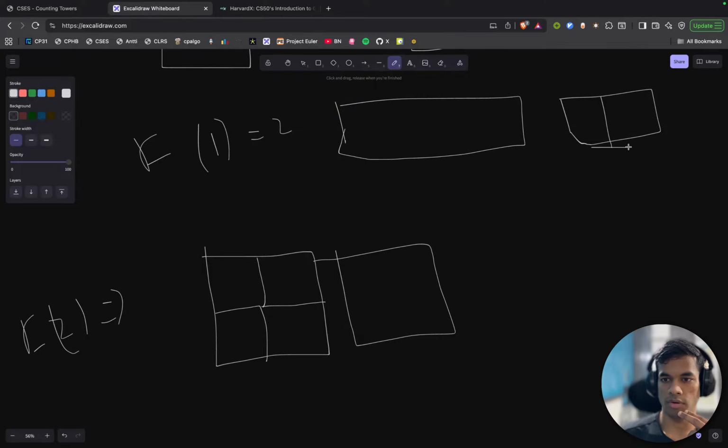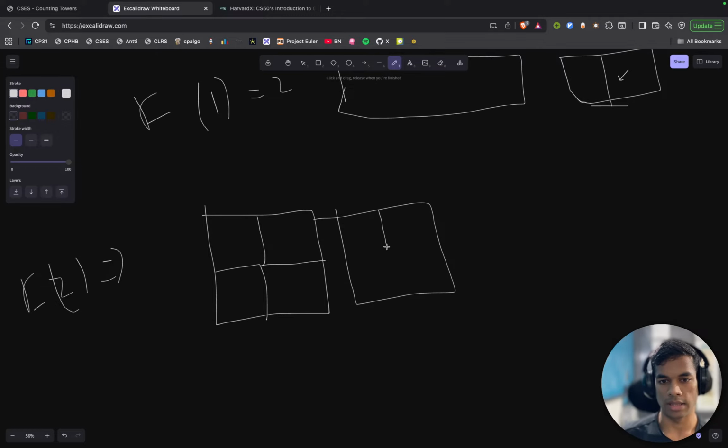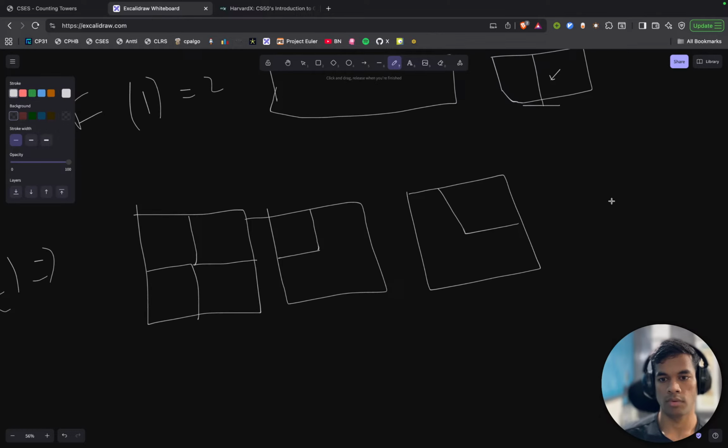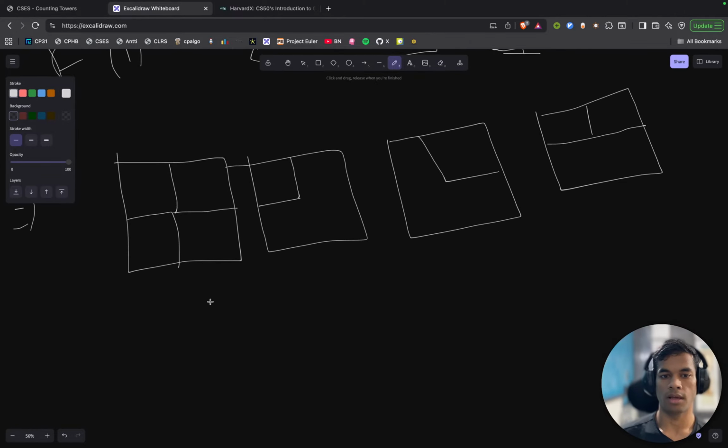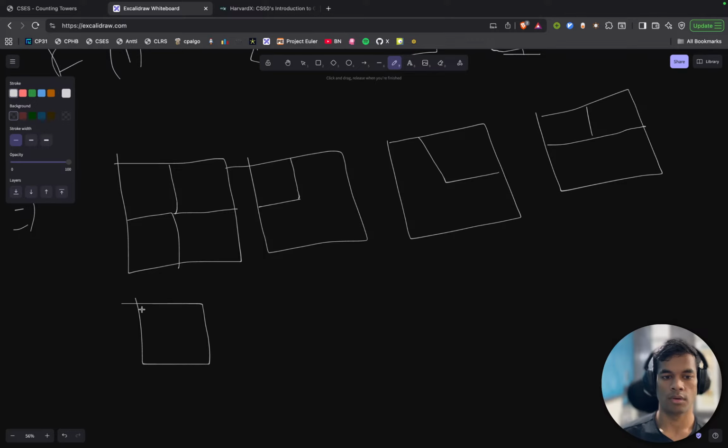Let's write them down. If this is our first choice in the top row, then this is one thing we could do, this is one thing we could do, or this is one thing we could do, and also this is one thing we could do, and this is also one thing we could do.